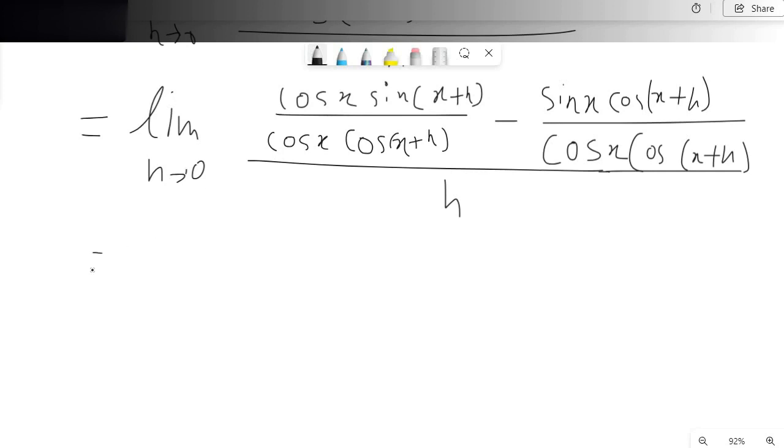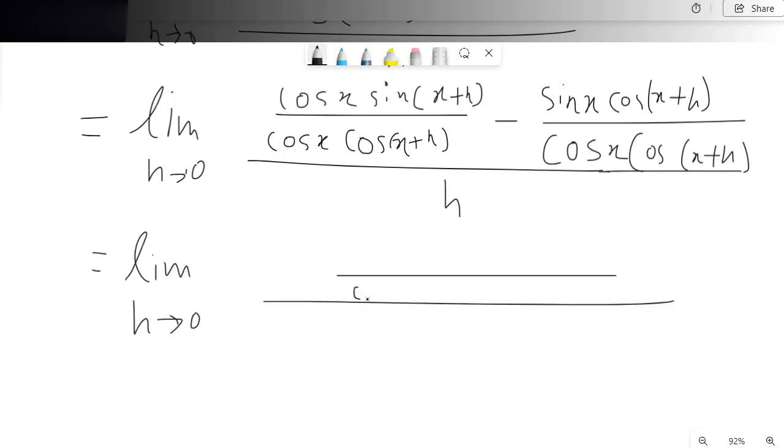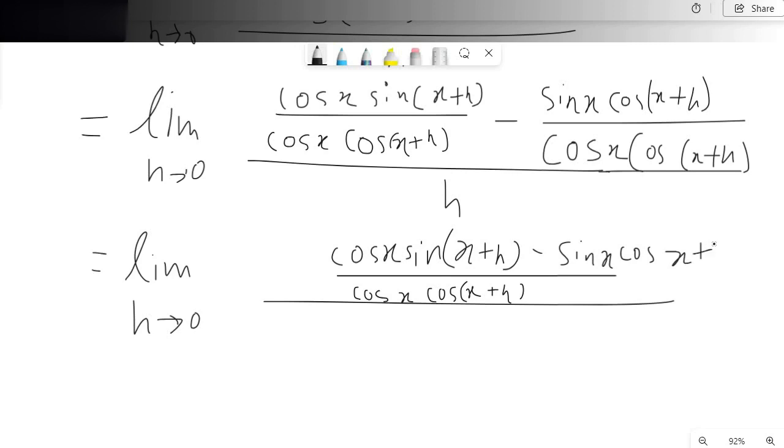So further simplifying, at the denominator we have cos x multiplied with cos x plus h, and as the numerator we have cos x sine x plus h subtracted with sine x cos x plus h, divided by h.